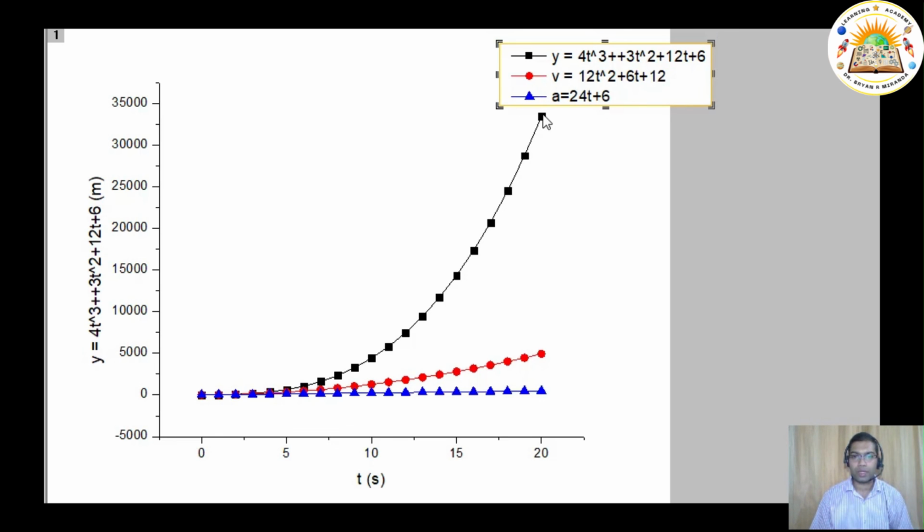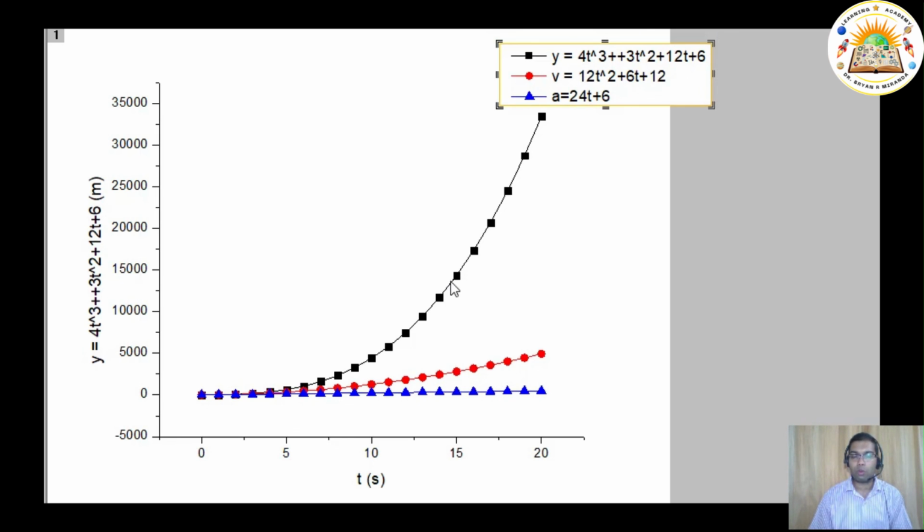So you can see what happens when I'm differentiating: the slope, the tan of the angle, tan theta, is decreasing. So in terms of y, you would have a very good slope. You can calculate velocity. When you plot a velocity time graph and try to find its slope, you will find acceleration. In the acceleration time graph, there is no slope.